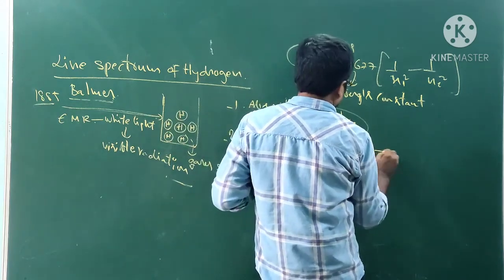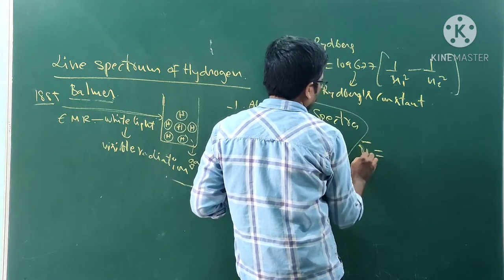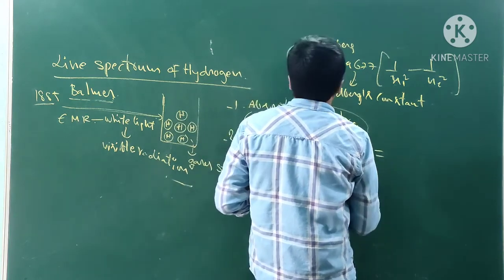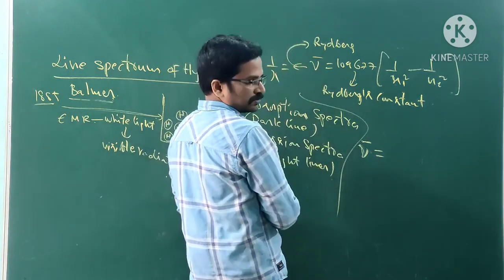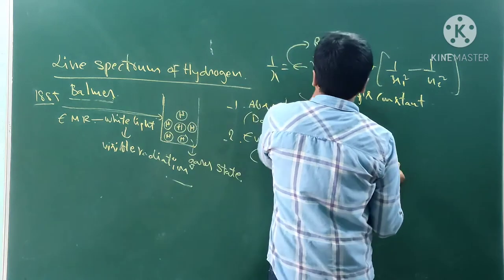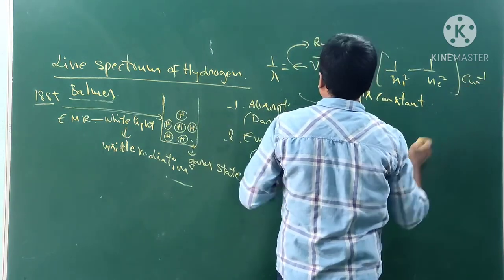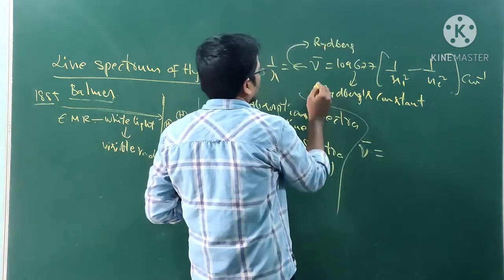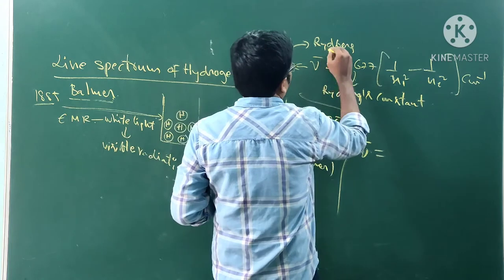Wave number, nu bar, is indicated as 1 by lambda.